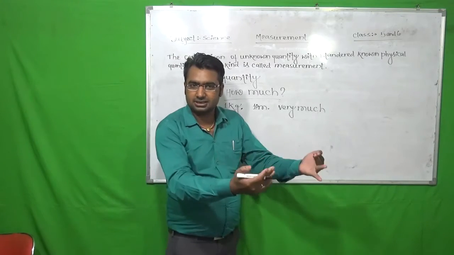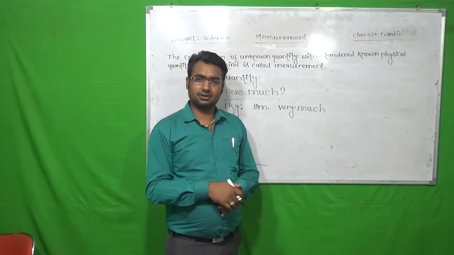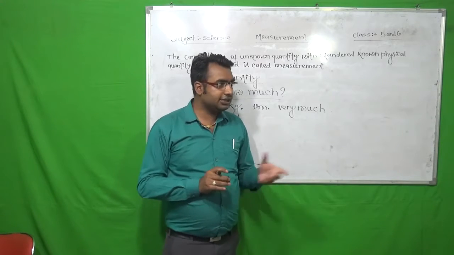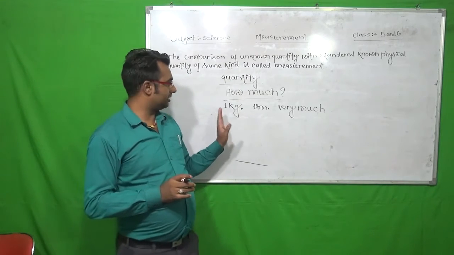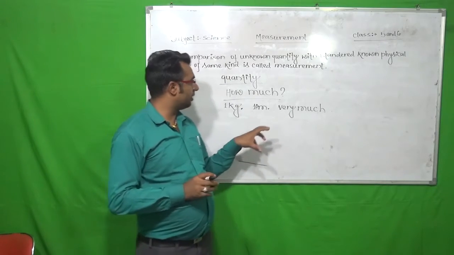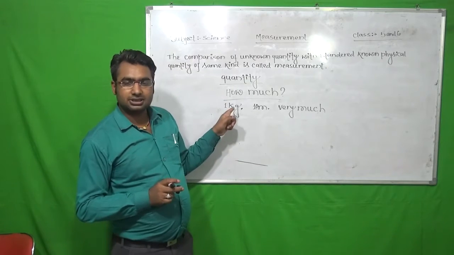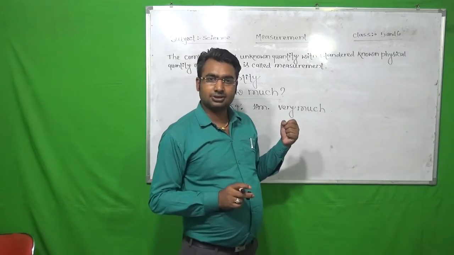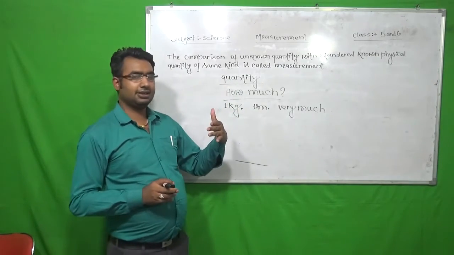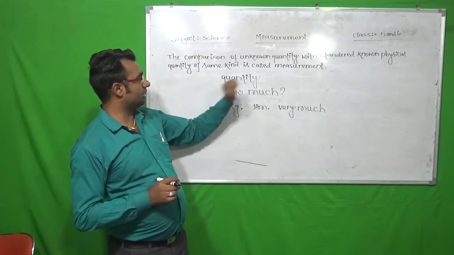These types of answer will come. So these answers are measurements, and when we ask the question "how much?", if the answer comes, that property is quantity.